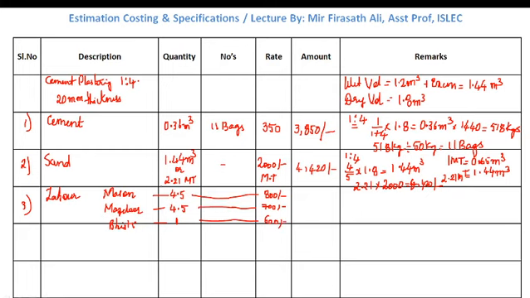So if we multiply 4.5 into 800, 4.5 into 700, 1 into 600, we will get the values. 800 into 4.5, it is 3,600 rupees.